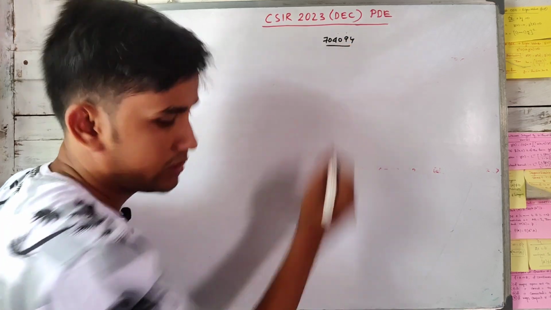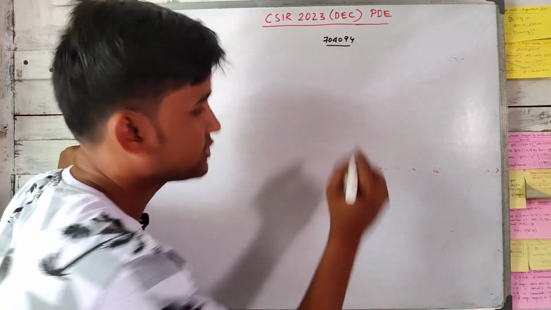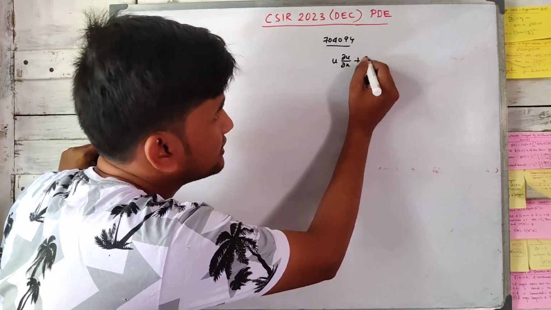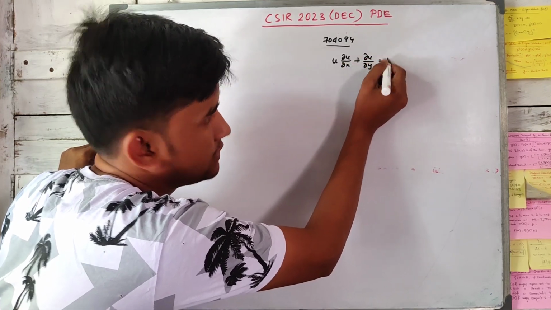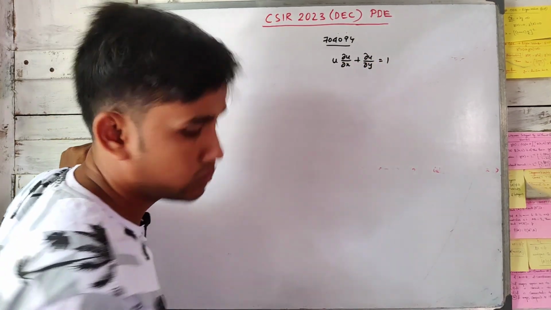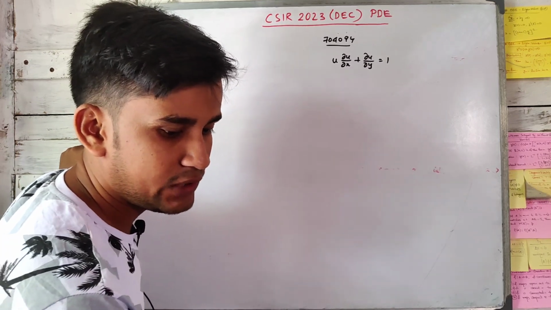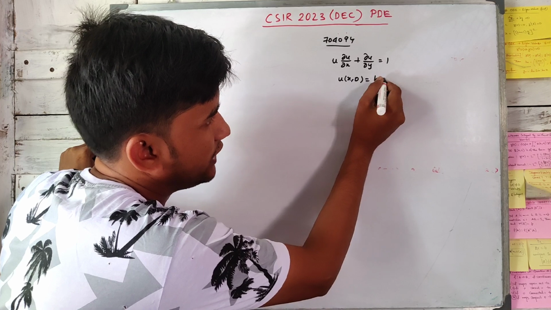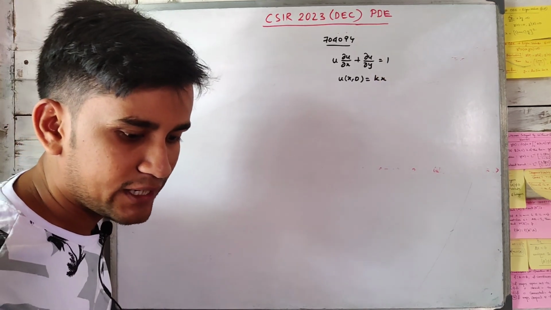The question says: consider the Cauchy problem u del u by del x plus del u by del y is equal to 1, (x,y) belongs to R cross (0, infinity), u(x,0) equal to kx, with the given real parameter k.